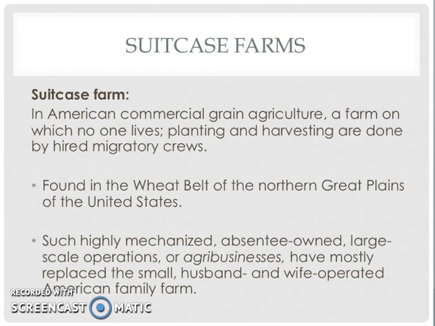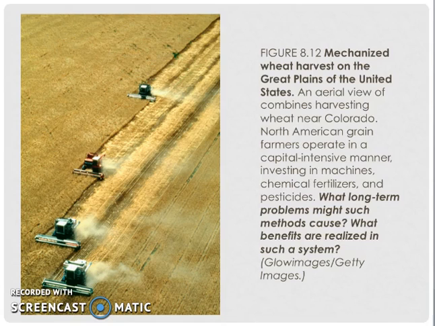This is a huge shift in the agricultural production of our country, and of Canada largely as well. You have a picture of some of these highly mechanized agribusiness suitcase farms. Some of these now are controlled automatically with GPS.